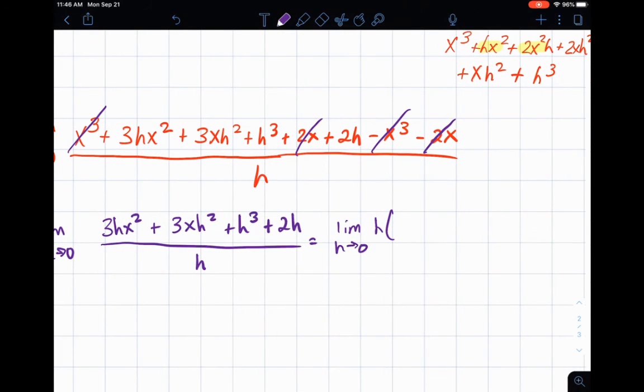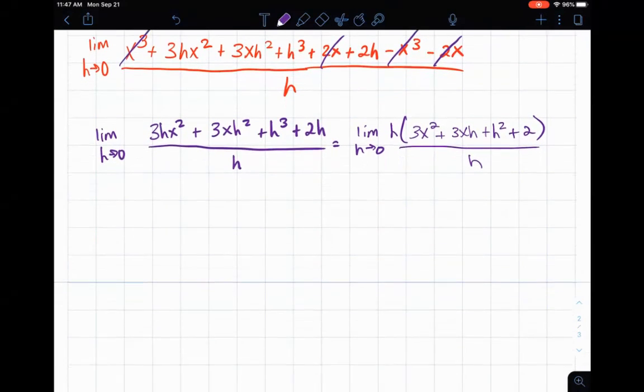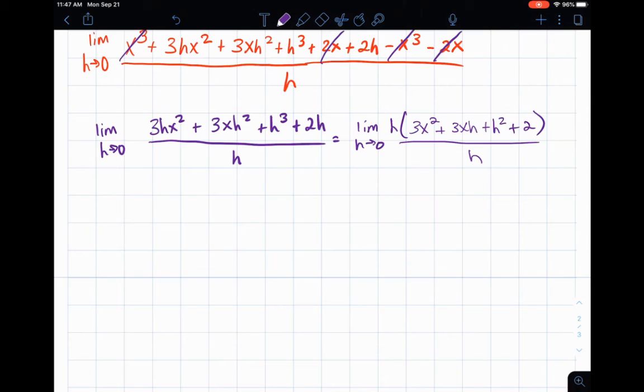So we have 3x squared plus 3xh plus h squared plus 2. So the h's will cancel.